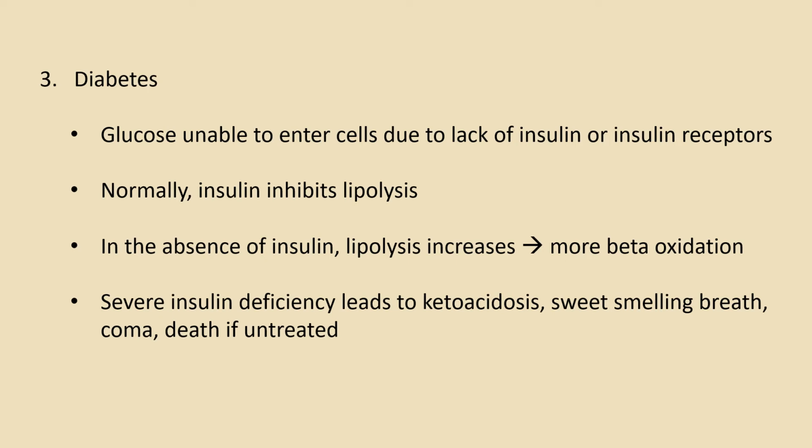It doesn't matter the form of diabetes. What all diabetes patients have in common is that their cells are unable to respond to insulin, for one reason or another. In the previous lecture, we talked about how insulin makes body cells more permeable to glucose.